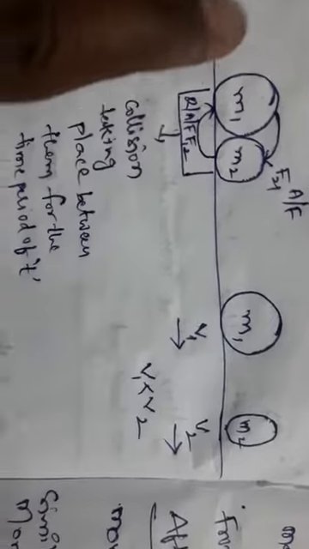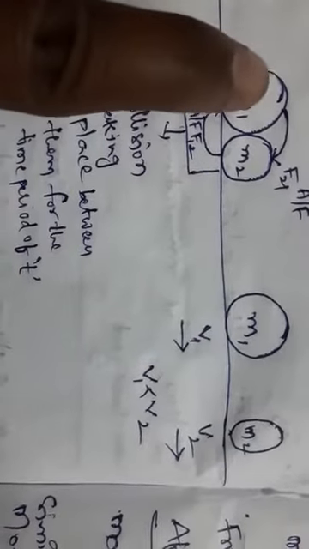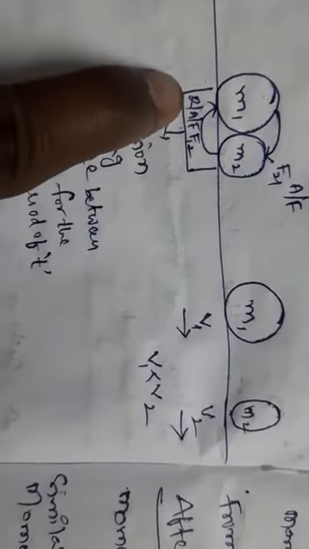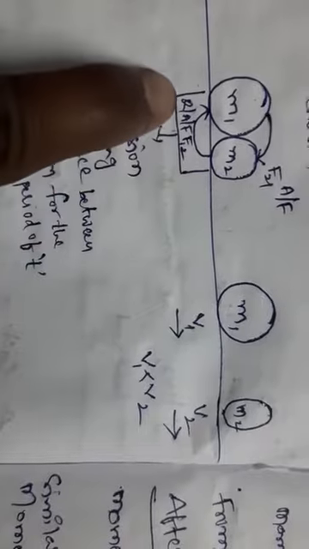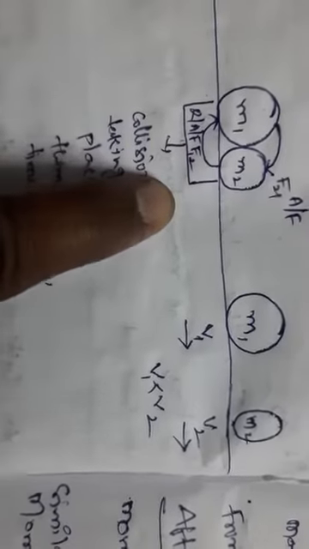F12 means force on the first object by the second. We call it the reaction force. See the diagram carefully. Okay, to understand more, I wrote some important points.